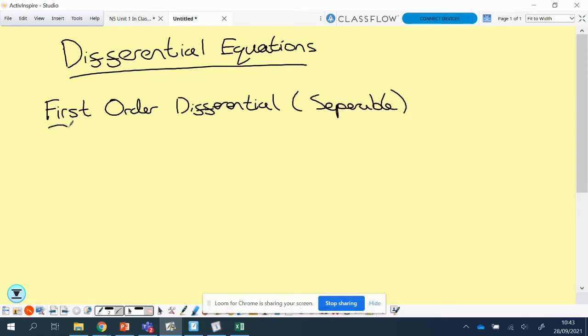That's actually going to be the first type we're going to look at. We're going to spend our time looking at that today. The other type is going to be called first order linear, and then we're going to look at second order, but the first one we look at is first order differential separable.